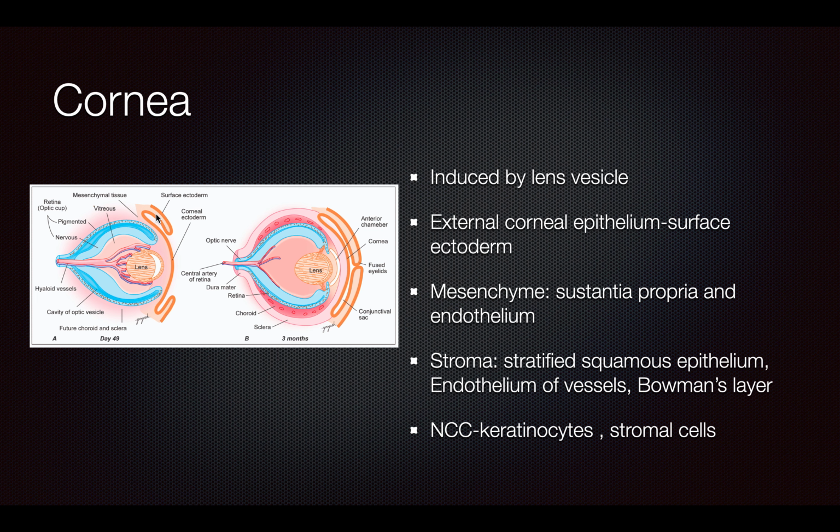Now here's the surface epithelium, mesenchymal tissue coming in, and the neural crest cells will make the keratinocytes and the stromal cells of the eye. So here's the pigmented layer, the vitreous is forming. Eventually, it will solidify into a gelatinous form. The retina is forming right here. The choroid is supplying, and the sclera.